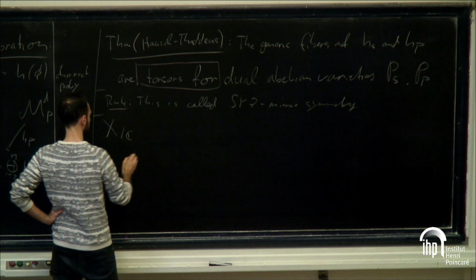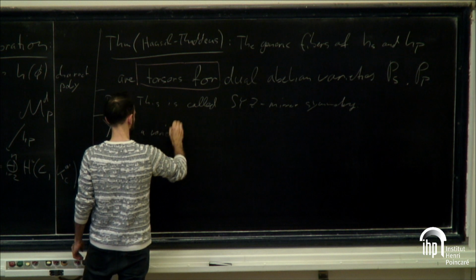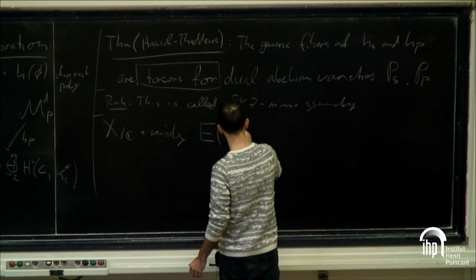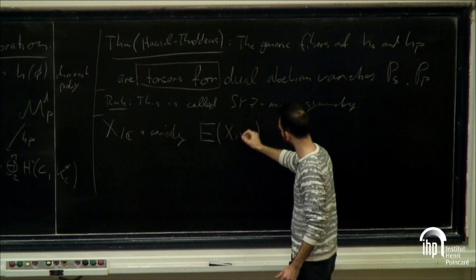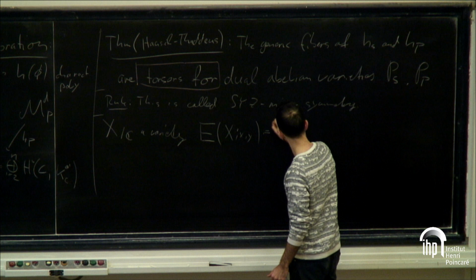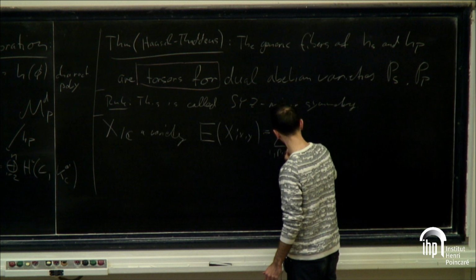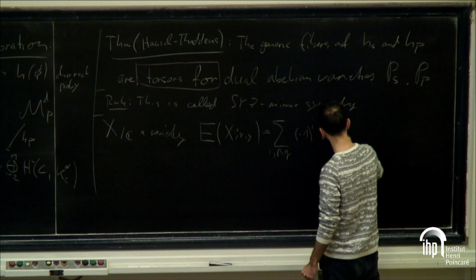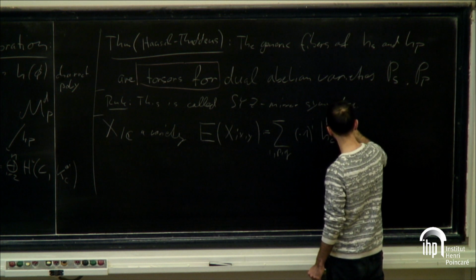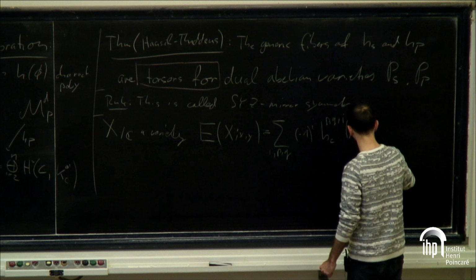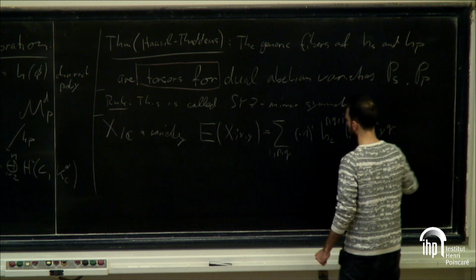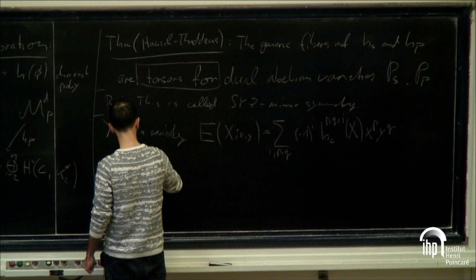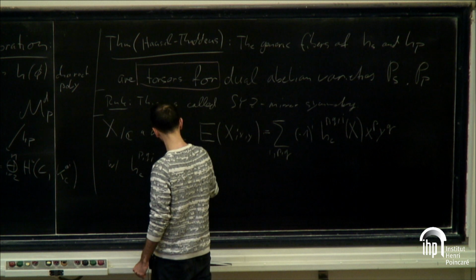If I have a complex variety, I want to study its Hodge numbers, and a convenient way to study them is that I define a polynomial in two variables, x and y, which will have all the Hodge numbers at once, but with some cancellation, so the sum over p, q, and i of x to the p, y to the q, with h_c^{p,q,i} the compactly supported Hodge numbers.